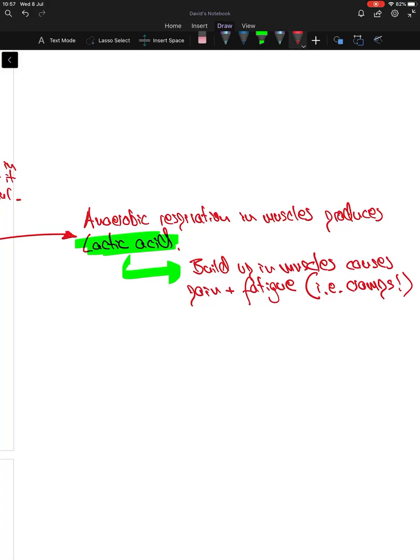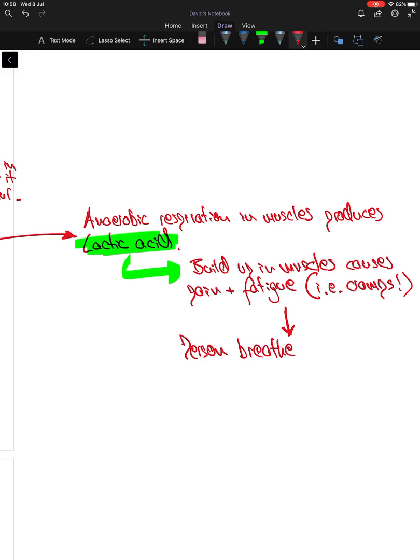Now, oxygen debt is important because of what happens once that muscle pain is built up and that fatigue has been caused. Does the person breathe normally or do they breathe more heavily?